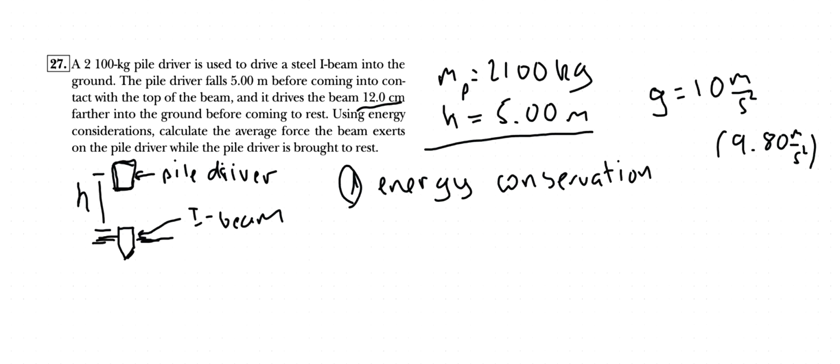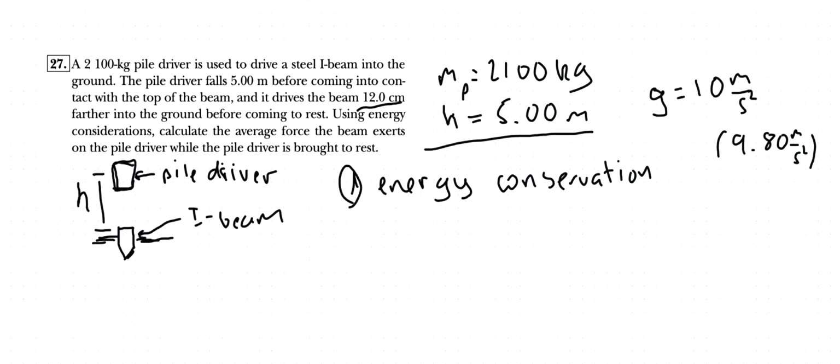So the change in potential energy becomes kinetic energy. In other words, the object starts out with kinetic energy 0, of course, before it's being dropped. It's dropped from rest, presumably.